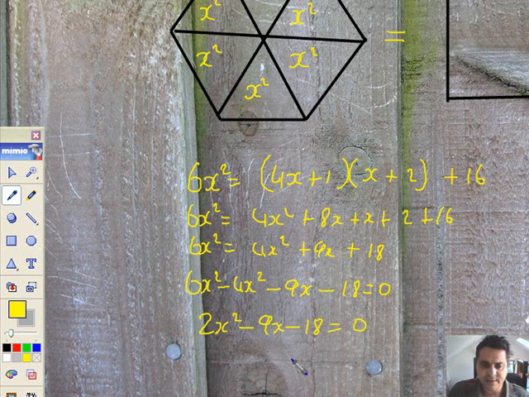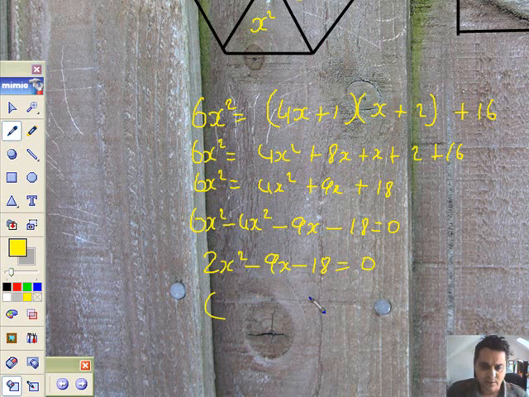No other common factors in terms of extracting a number from each of these 3 terms. Go straight into the 2 main factors, the 2 only factors in fact, 2x and x. How do we make 18? Well, 1 and 18 sounds a bit out of the way. 2 9s, I'm unlikely to get a 9 out of that. I'm going to opt for 3 and 6, so 3 6s.